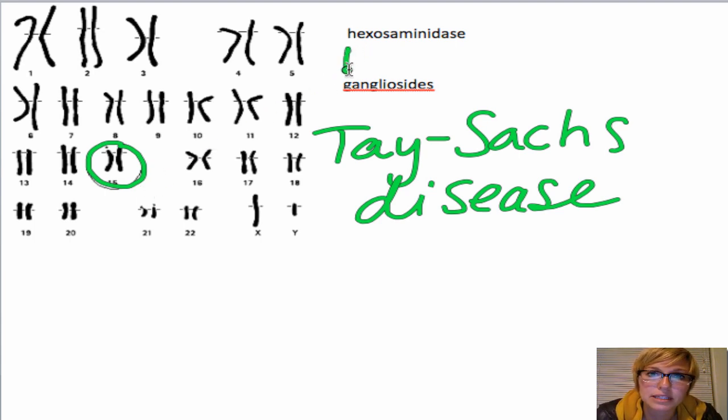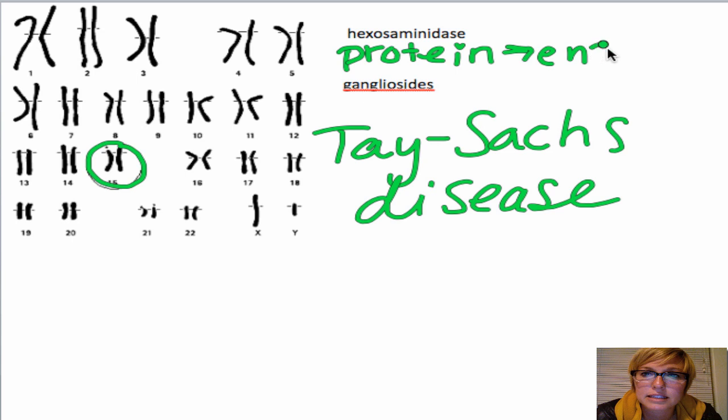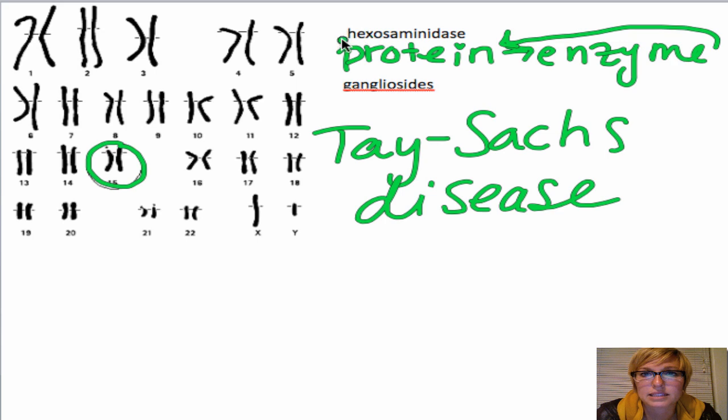And that protein happens to be an enzyme, and that enzyme is hexosaminidase. Okay, this complicated, crazy word right here. So you have a malfunction in the instructions to make this hexosaminidase, so it's made incorrectly, and so it doesn't work. And we know it's an enzyme because it ends in ASE, by the way.